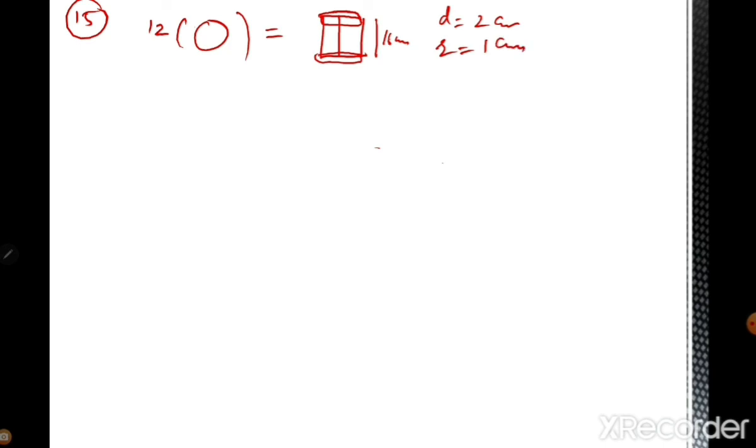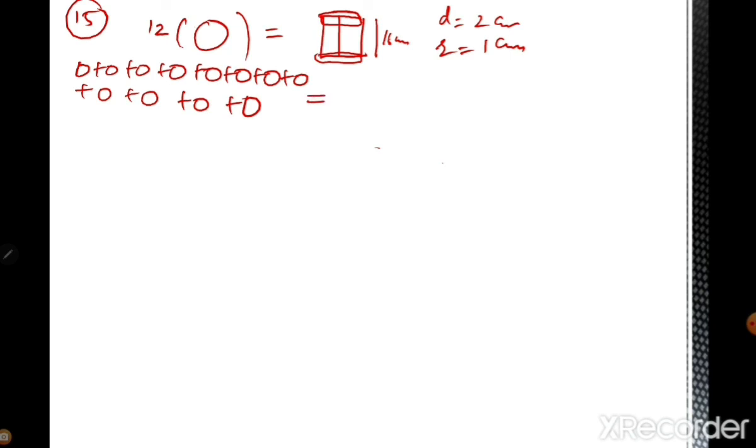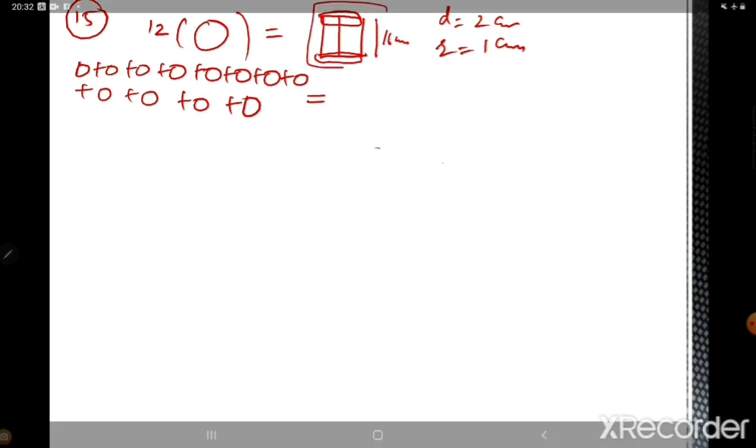Divide by 2. Here I have 12 spheres. 1, 2, 3, 4, 5, 6, 7, 8, 9, 10, 11, 12. So volume of these 12 spheres is equal to volume of one cylinder. After melting this cylinder, we are getting 12 spheres.